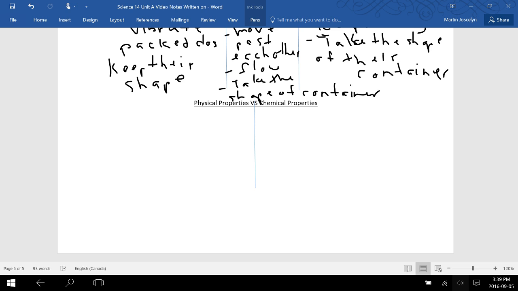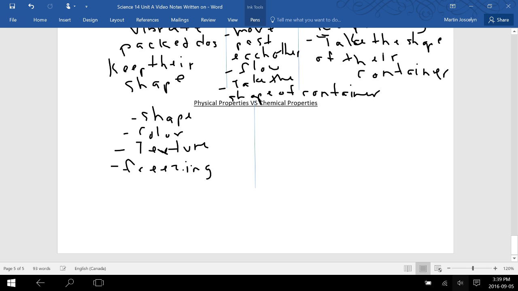That's their chemical properties. Our physical properties can be like shape, color, texture, freezing point, or boiling point.